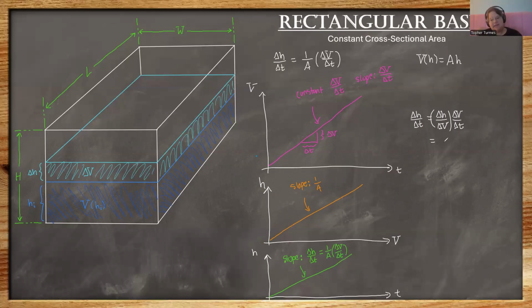It's 1 over A. So hidden inside this system is an example of the chain rule. Now we've shown it for the linear example. Like I just discussed earlier, nothing in this relationship tells us that delta V over delta T must be constant. We could have a really funky fill and drain model, and then we'd have to do significant work to figure out... actually, this function wouldn't change, would it?